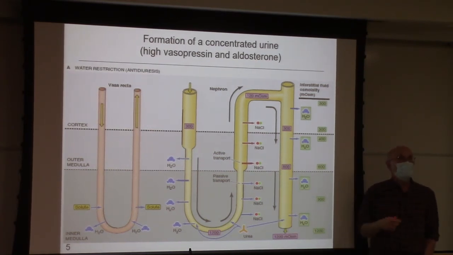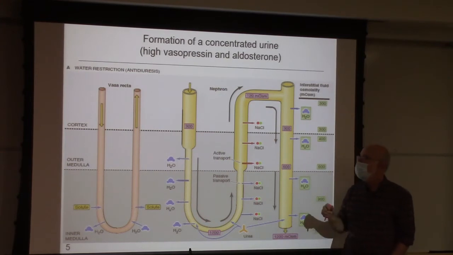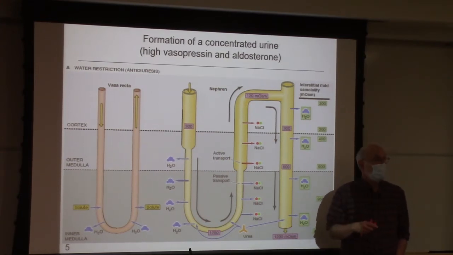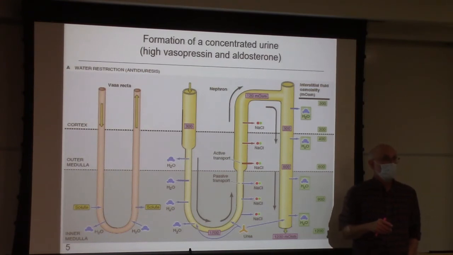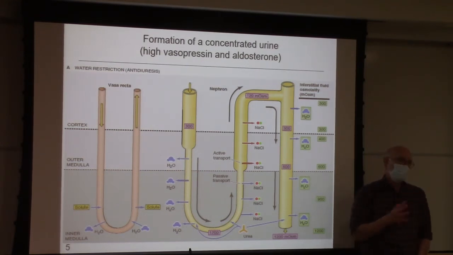It increases the expression of the sodium potassium ATPase and especially the sodium 2-chloride cotransporter. And that change in expression is at the genetic level. It increases the transcription of those genes, increased translation, increased protein expression. It takes some time, but we're talking about minutes, not days, maybe hours.